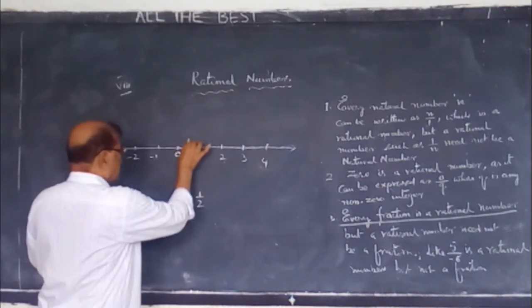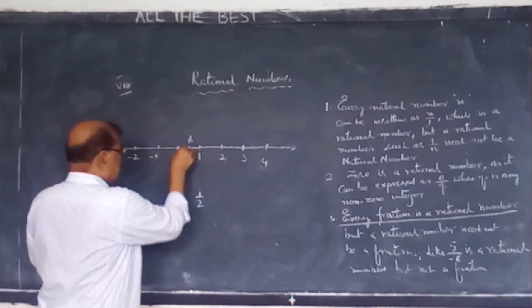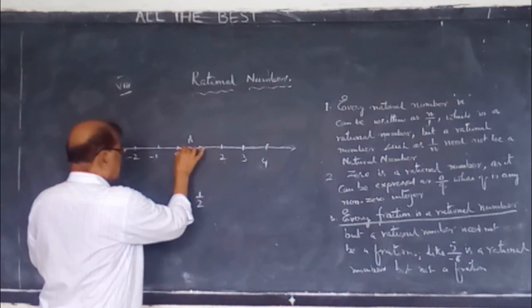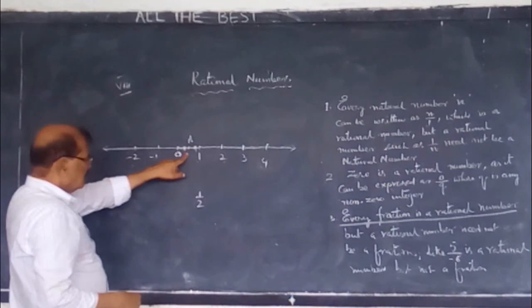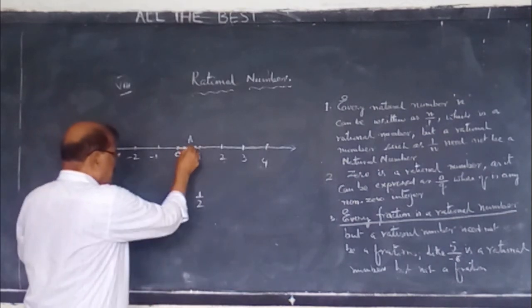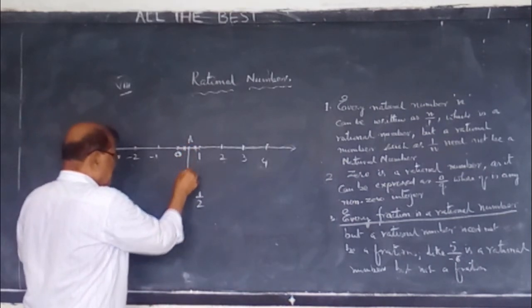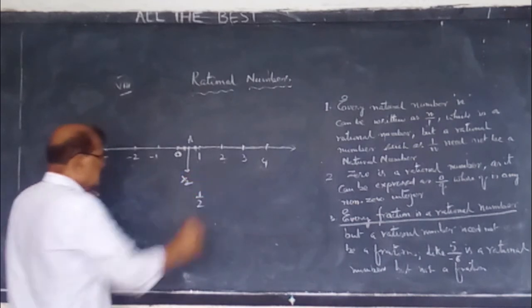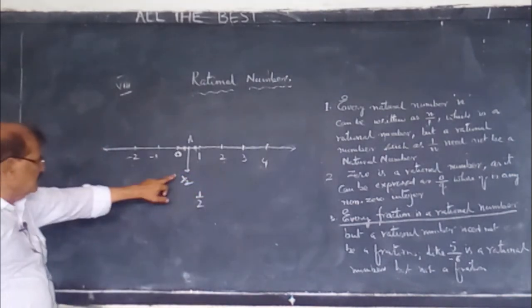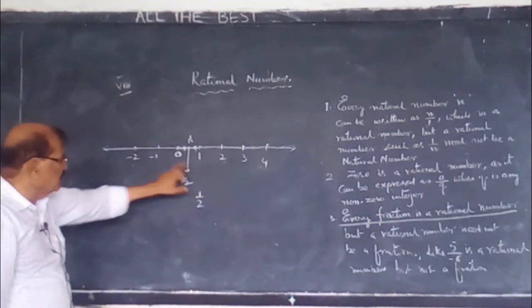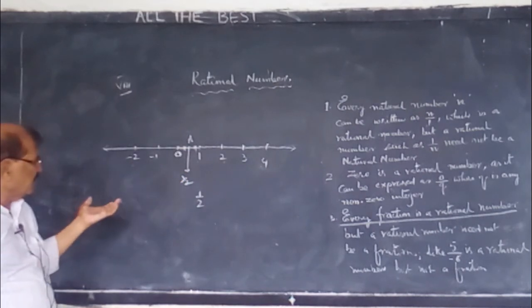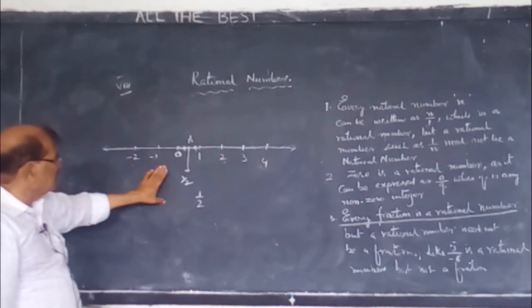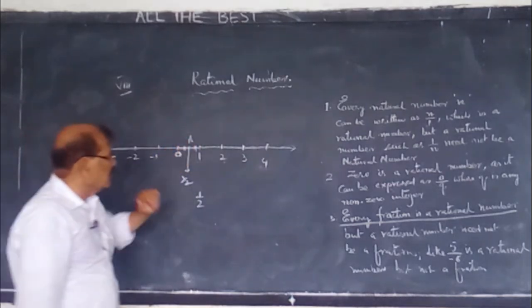Let us suppose this is a point A. This is equal to this. These 2 parts are equal. Understand? This particular point is 1 by 2. 1 by 2 is in the form of p by q, so it is a rational number. This is the way of representing rational numbers on a number line.